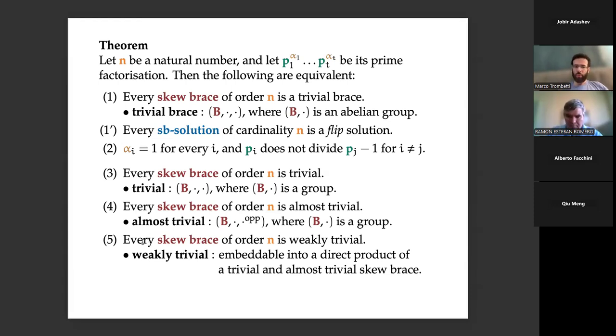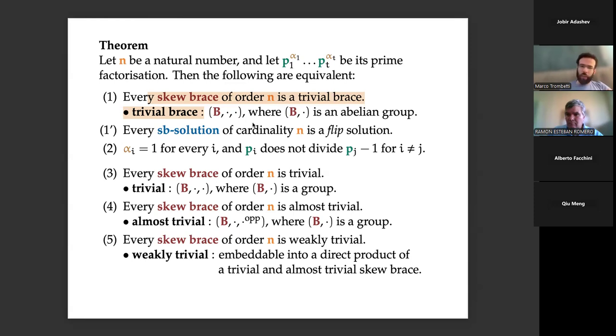Trivial and almost trivial implies weakly trivial. So if you ask that all skew braces of that order are weakly trivial, a very weak condition, you get that all skew braces of that order must be trivial and abelian, and so the corresponding solutions are flips.